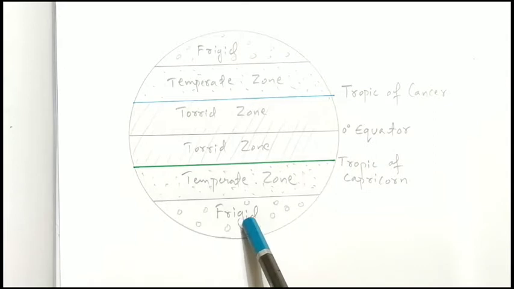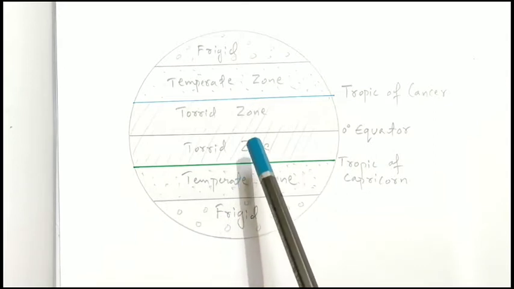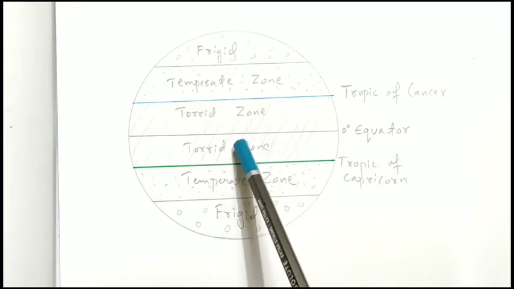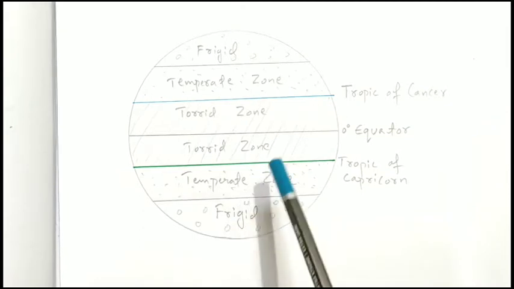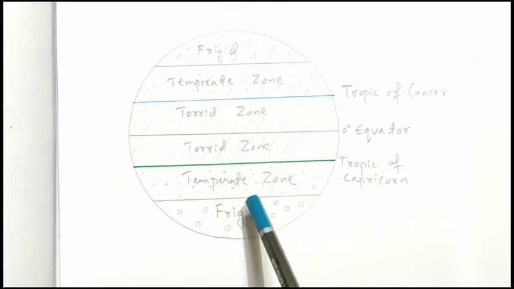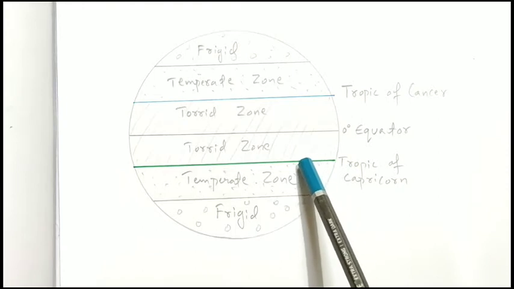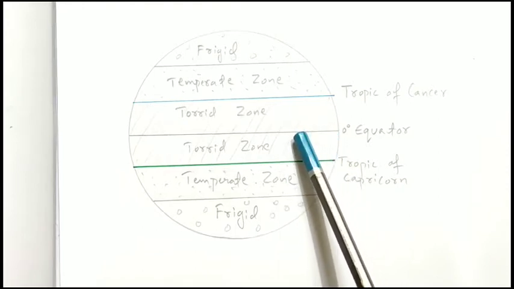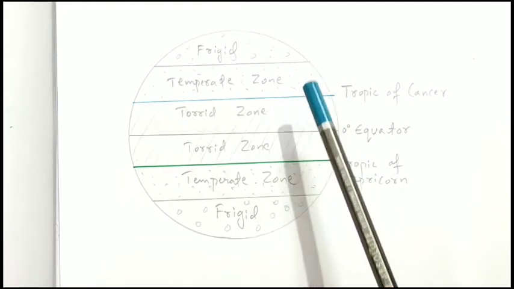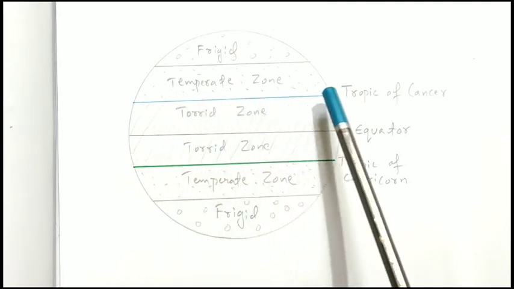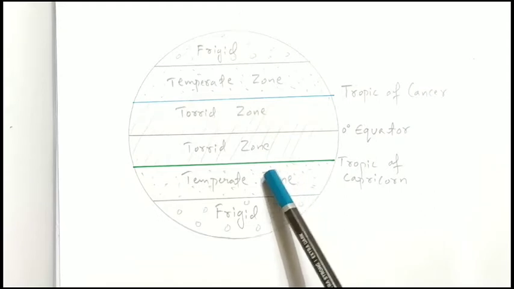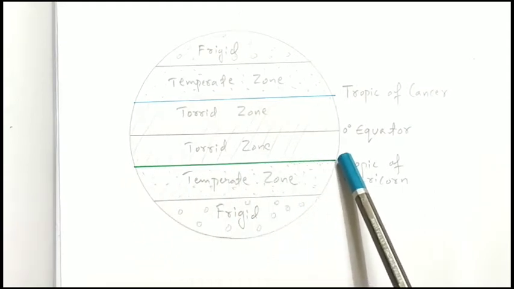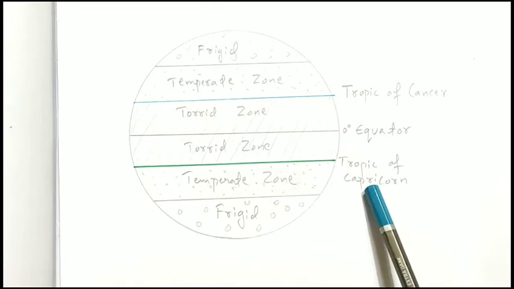This is a cold area, very, very cold area. So this part is hot, this part is warm, and this is cold area. And this line right above the equator is called as Tropic of Cancer, and right below the equator, this line is called as Tropic of Capricorn.